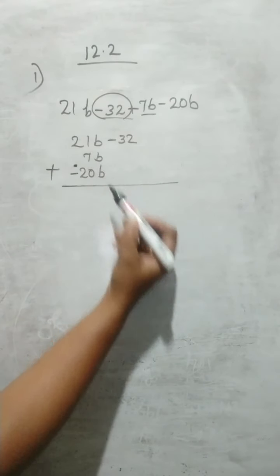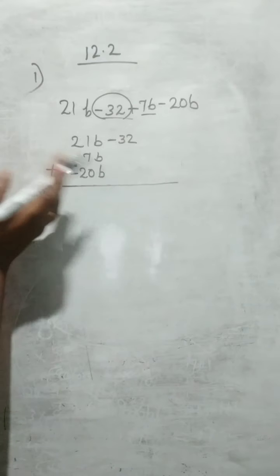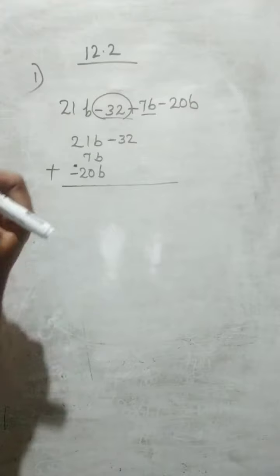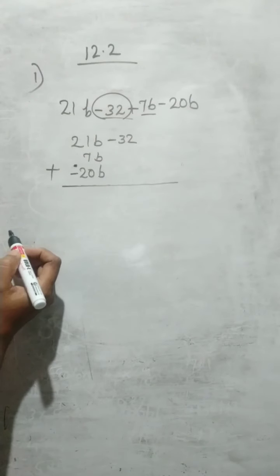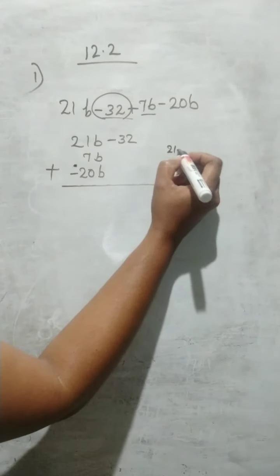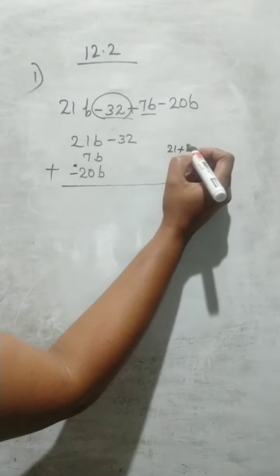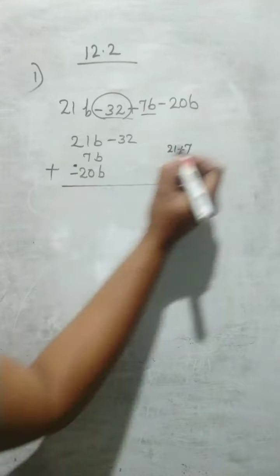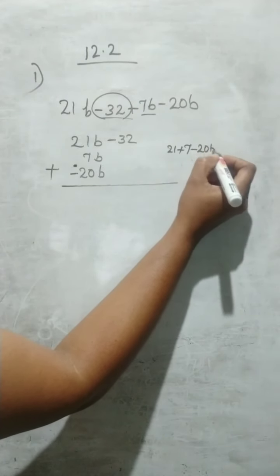Here, the coefficients of b, these are like terms. We have to consider the coefficients of like terms. Here 21 plus 7 minus 20.